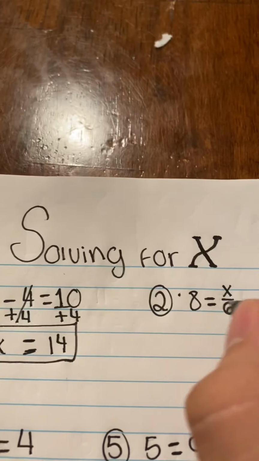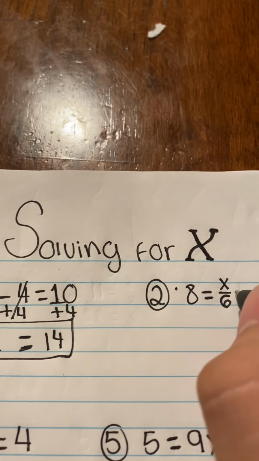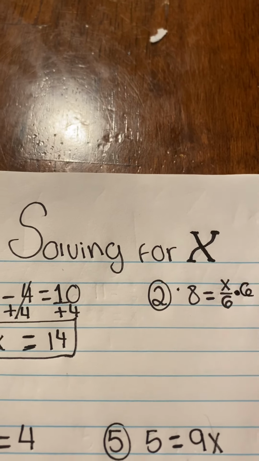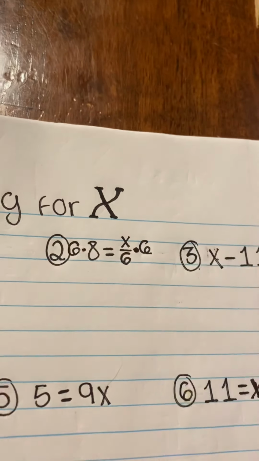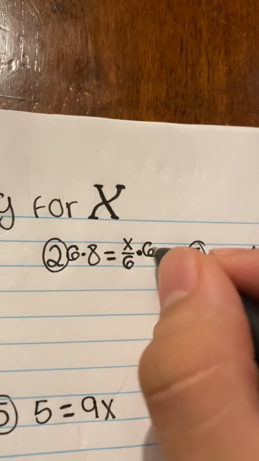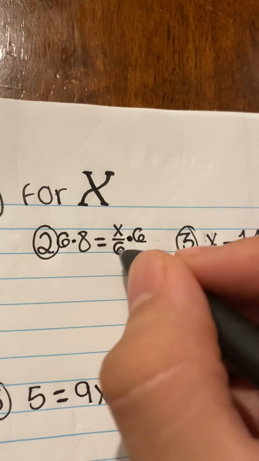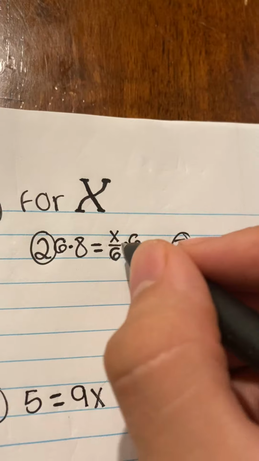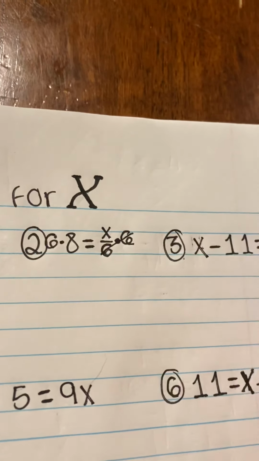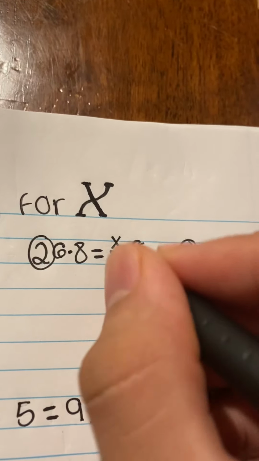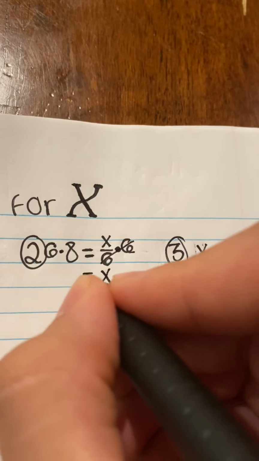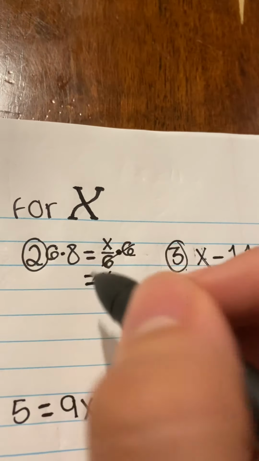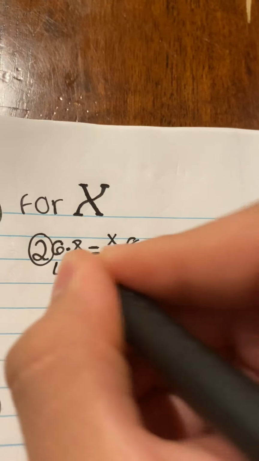So since you're dividing over here, you multiply times 6, and whatever you do to one side, you must do to the other. So times 6, there it is. And here the division and the multiplication cancel each other out, and you'll be left with x, which will equal 6 times 8, which is 48.